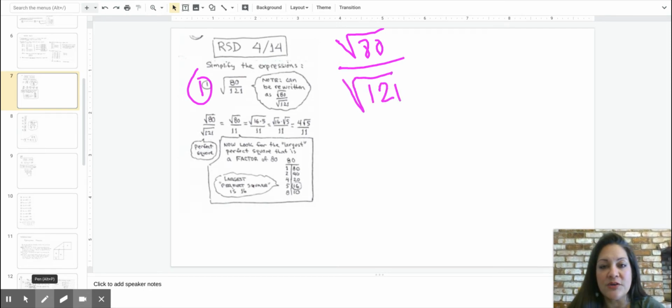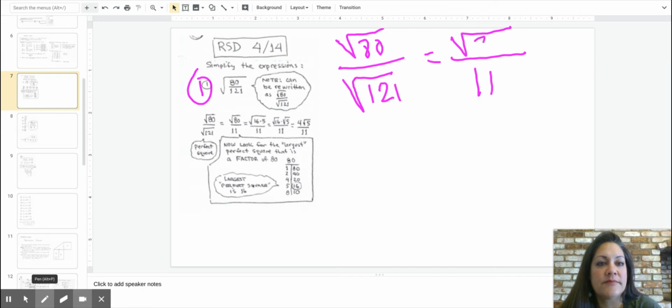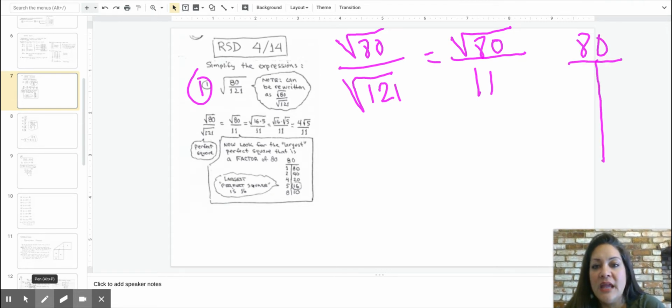Well, I know 121 is a perfect square. That's 11 times 11. So I'm going to have square root of 80 over 11. Okay, so now I need to simplify square root of 80. And first thing I'm going to do is my factor tree. And here it is right here.